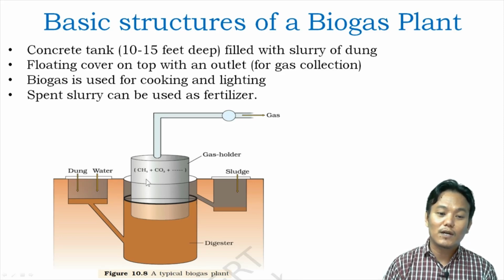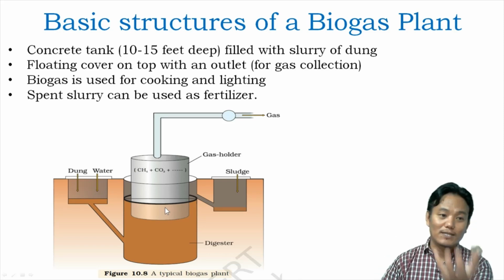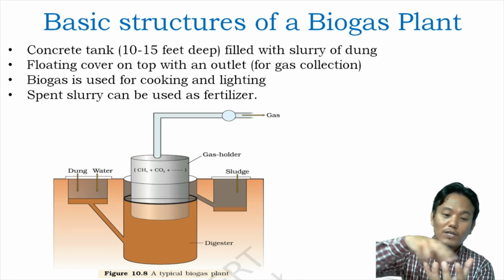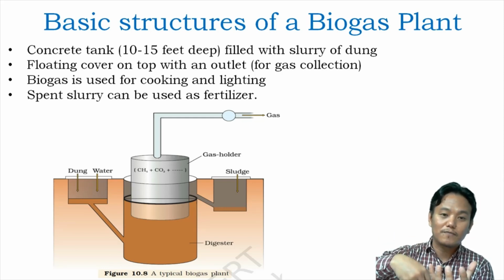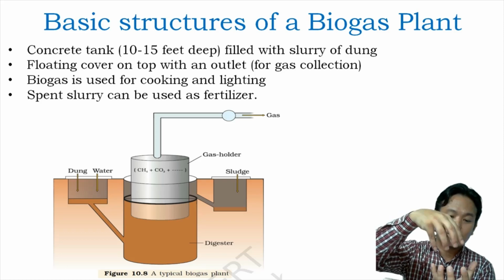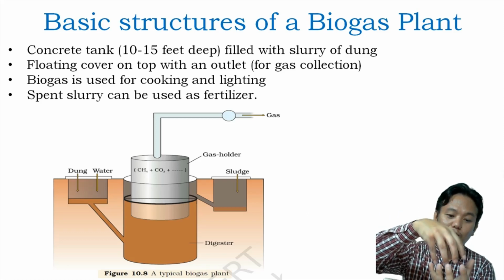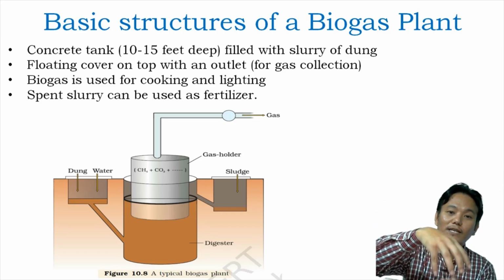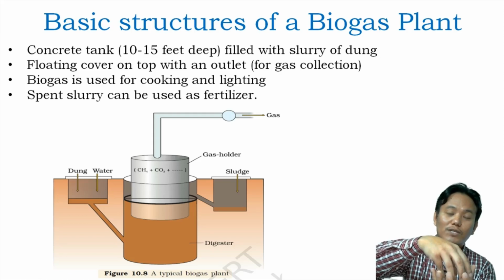So this biogas is collected within a floating cover on the top. Let's say this is the concrete tank which is about 10 to 15 feet deep. In this concrete tank, we have the slurry of cow dung. On the top of this concrete tank, we put a floating cover. What this cover will do is collect all the biogas produced by the methanogens.